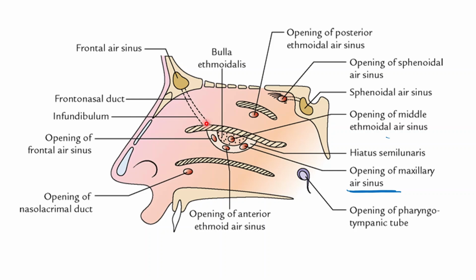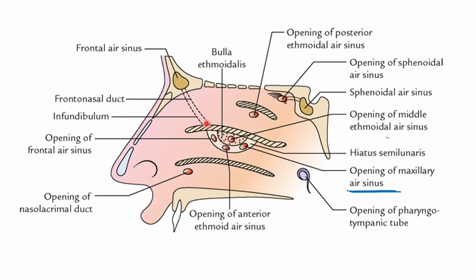The sinus most prone to infection is the maxillary air sinus, as it is the most dependent part and acts as the secondary reservoir of pus from infected sinuses like the frontal and the ethmoidal sinuses. The maxillary sinus can also be directly infected from a carious tooth.